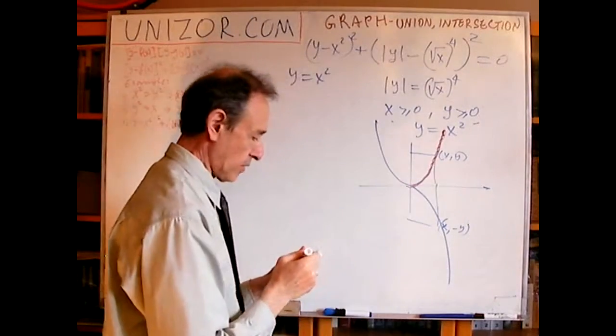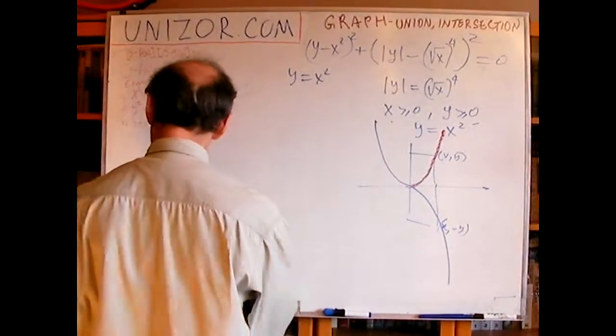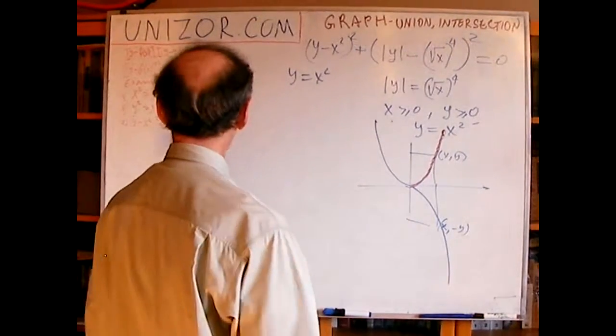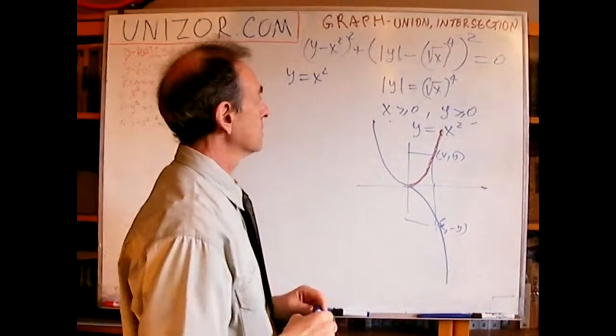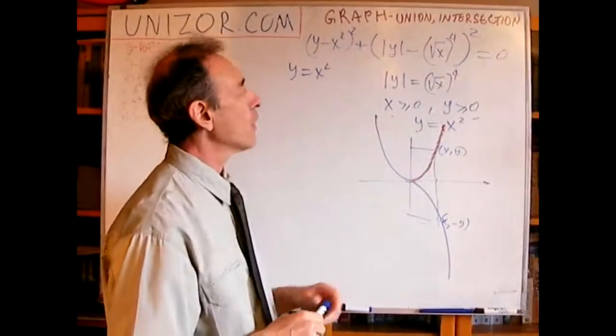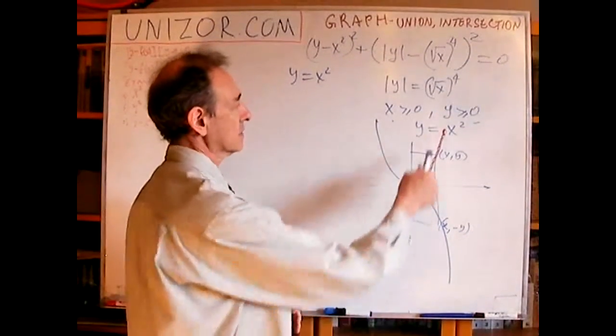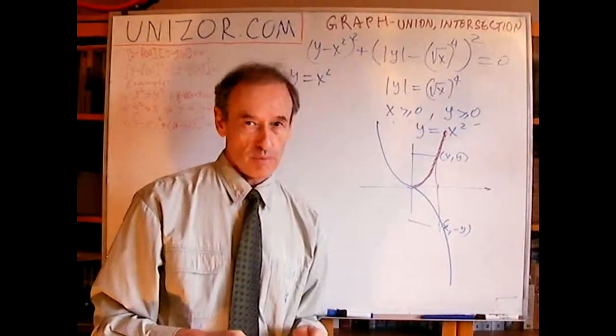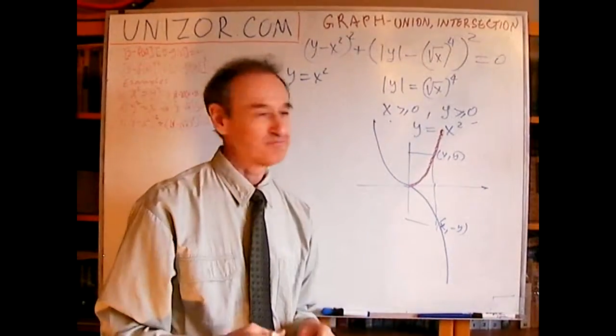This piece of the parabola, half of the parabola, is actually the intersection between this and this. So this relatively complicated equation can be graphically represented simply as half of the regular parabola. I told you it's simple.